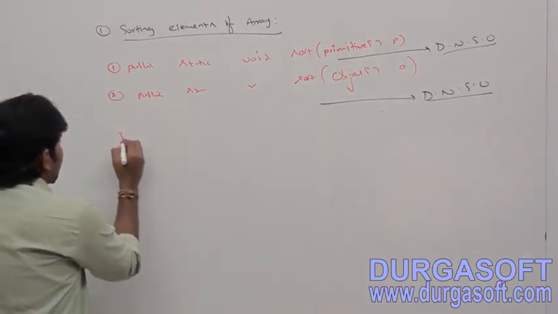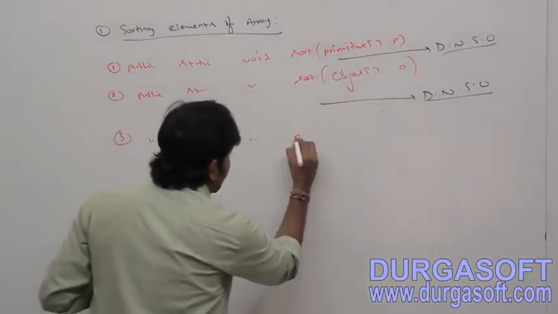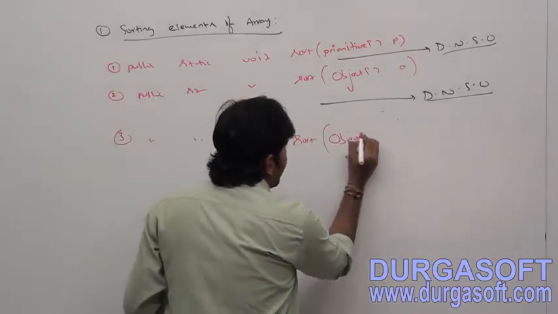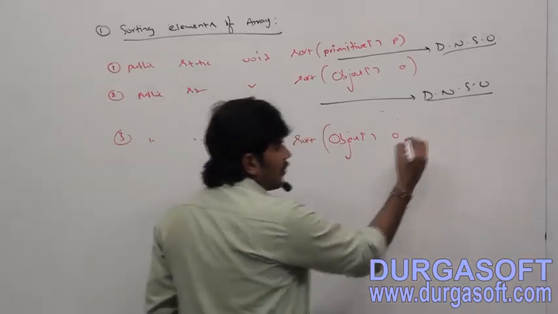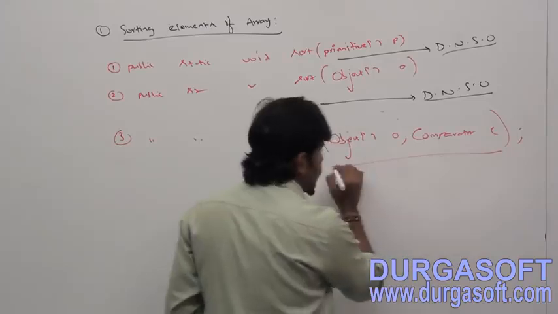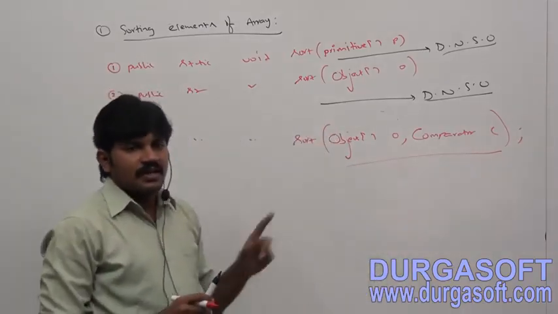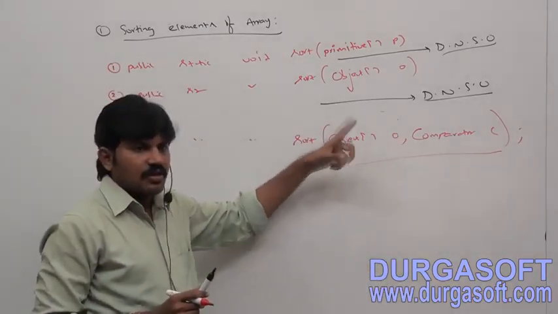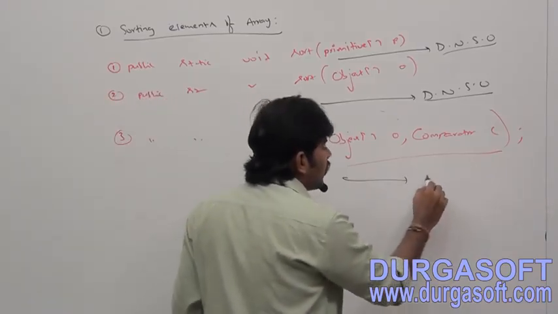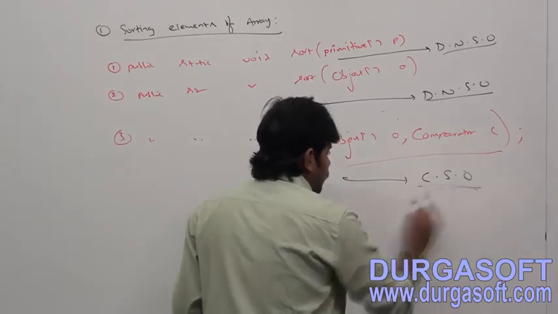For object arrays: public static void sort of object type array, comma, Comparator c, to sort an object type array according to customized sorting order.